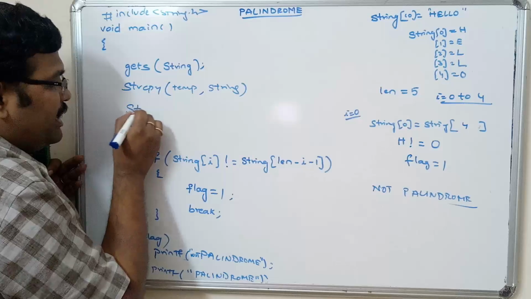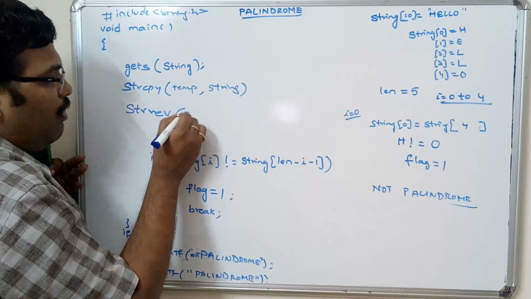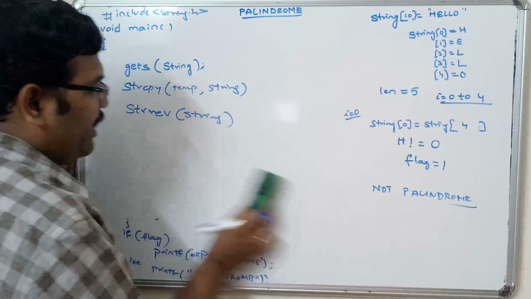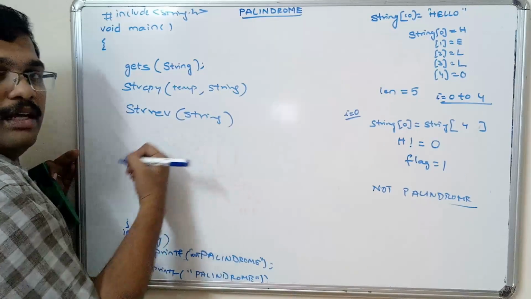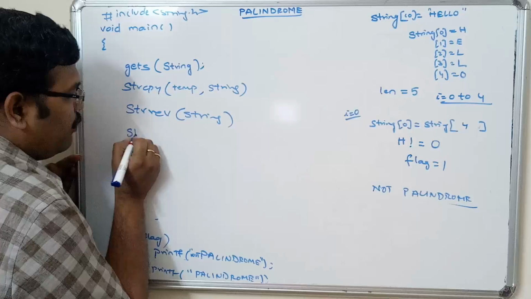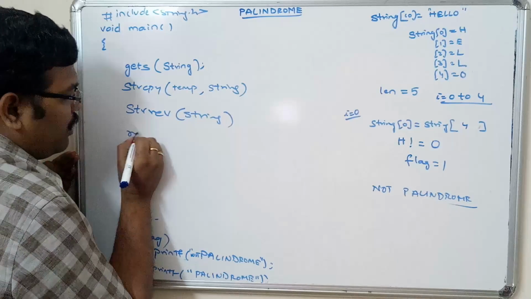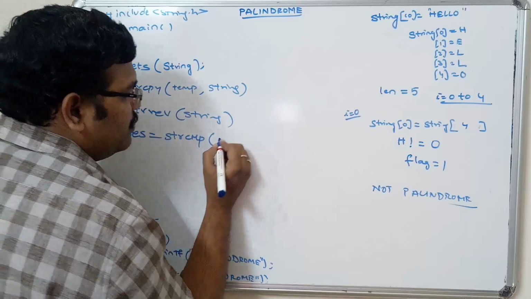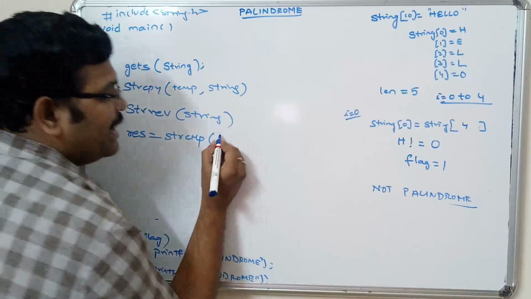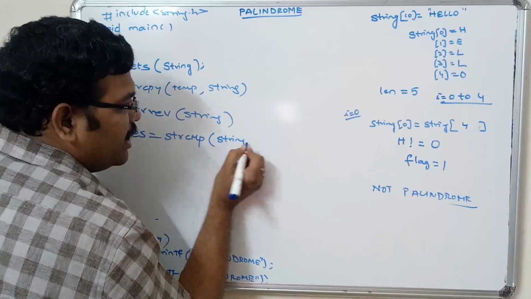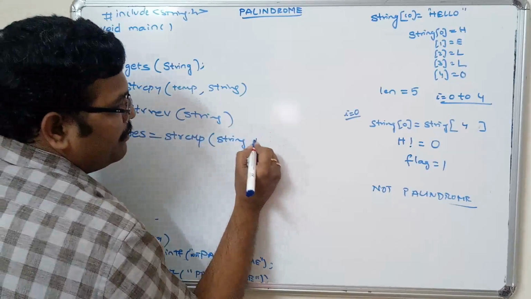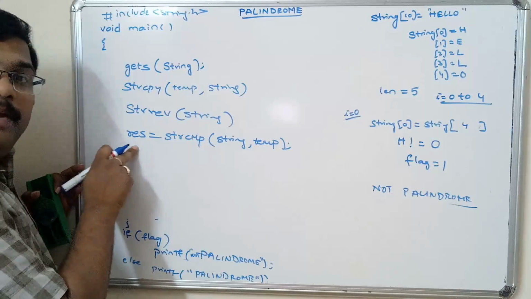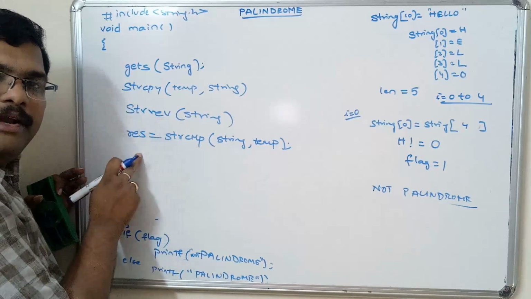So we have to apply the strrev of string. Automatically the string will be reversed and stored in the same string name. Now we have to compare. So result is equal to strcmp of string, temp. Automatically the result will be either positive or 0 or negative.